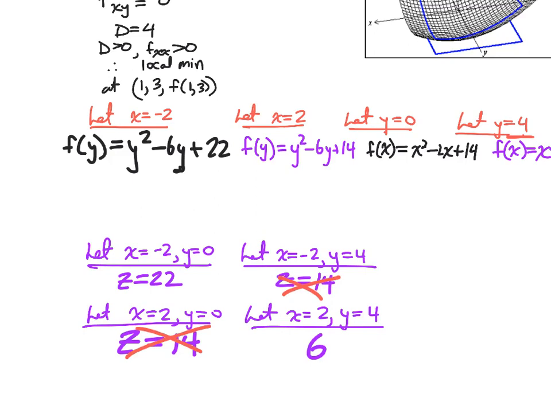So what I'm going to do is type these functions into my calculator in terms of x. So x squared minus 6x plus 22. All right, there's a function in the math menu, function min, function max. So you can handle it that way.